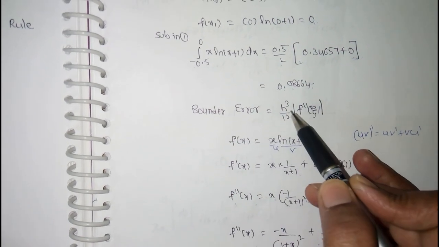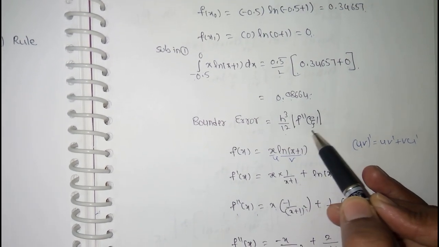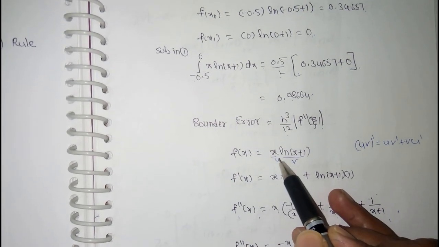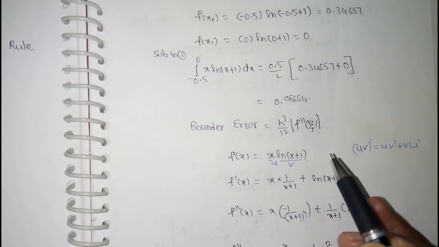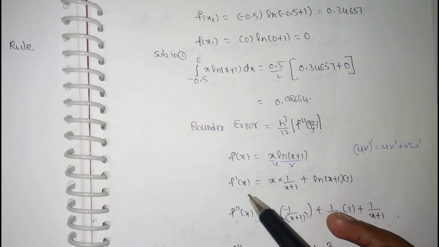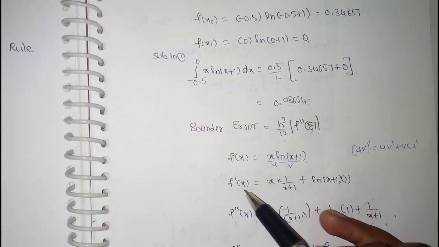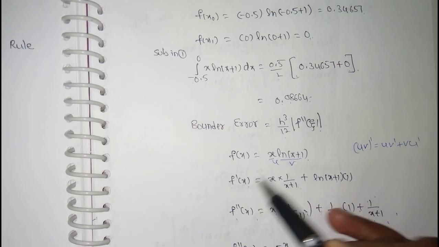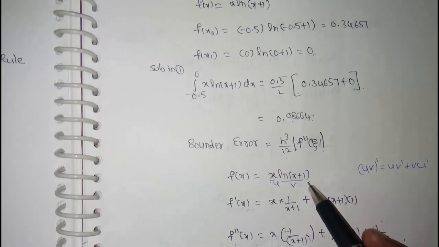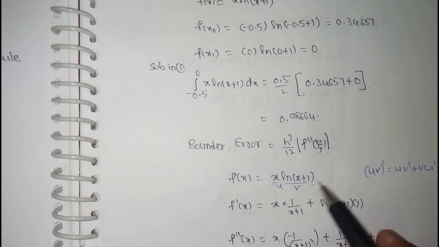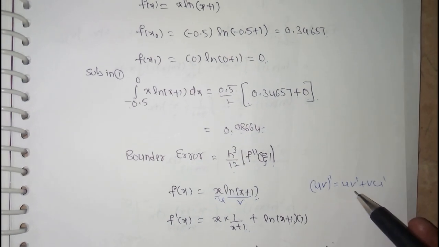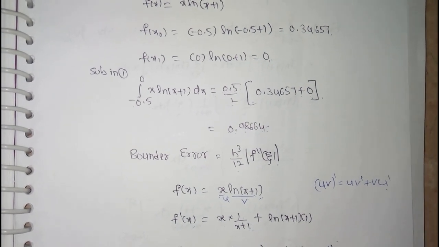The bounded error formula is h cube by 12 into f double dash of psi. Here the given function is f(x) equal to x ln(x + 1). So differentiating f(x) with respect to x, we get the first derivative f dash of x. Here x is one function and ln(x + 1) is another function, so we use the uv form: (uv)' equals uv' plus vu'.